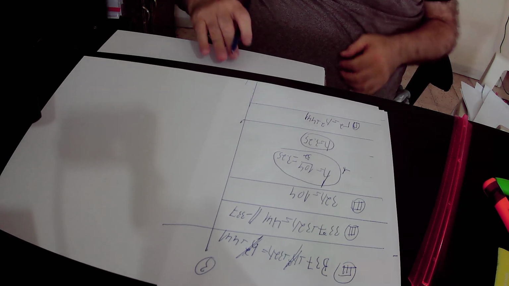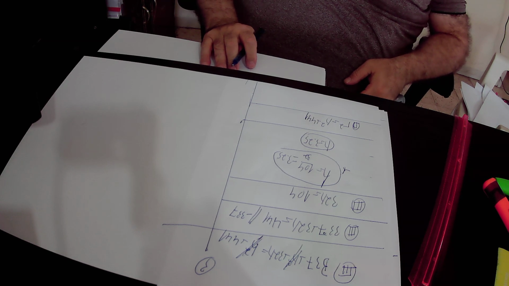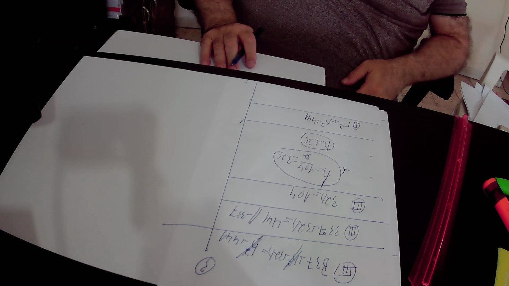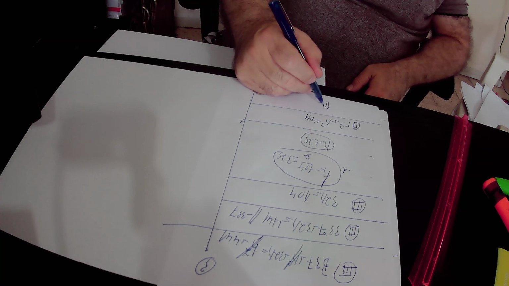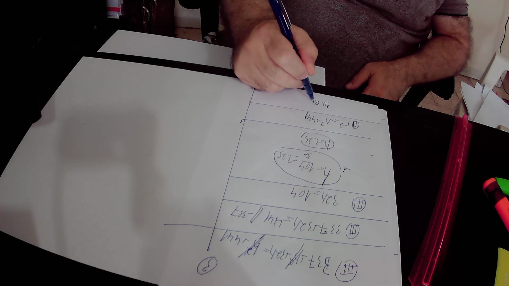If H equals 3.25, it means that H squared will be equal to 10.5625. So H squared is 10.5625.